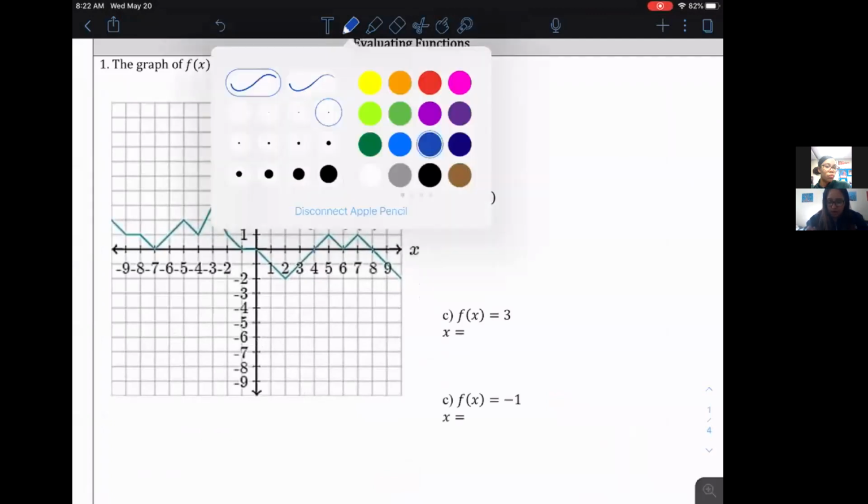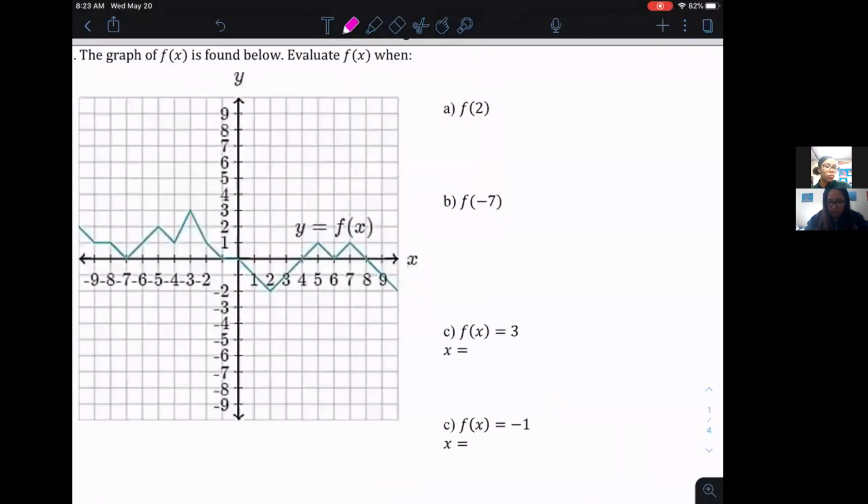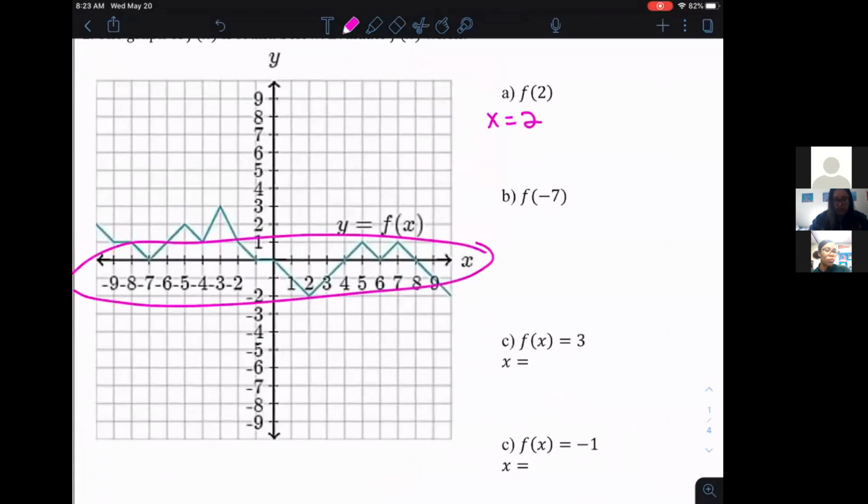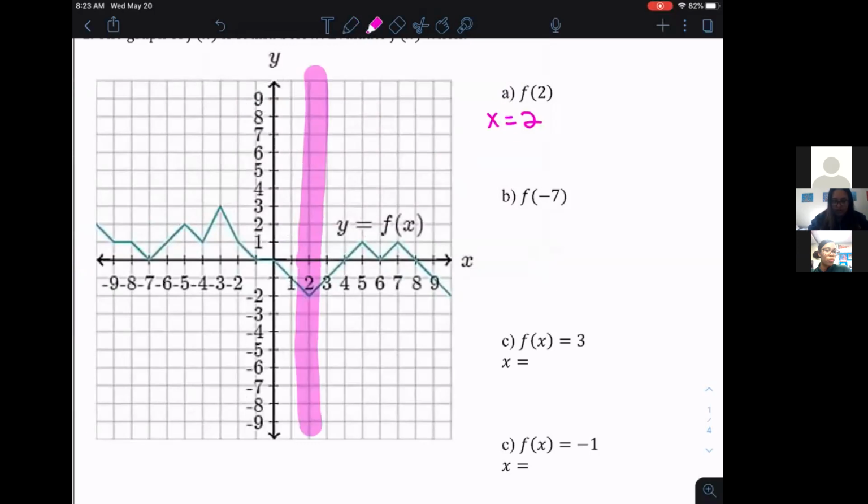Alrighty, starting off with number 1, I'm going to use my favorite color here. So if f of 2 is given to me, I know x is 2. So on my x-axis, I'm going to go to x equals 2. So here is x equals 2. This whole piece right here is x equals 2.